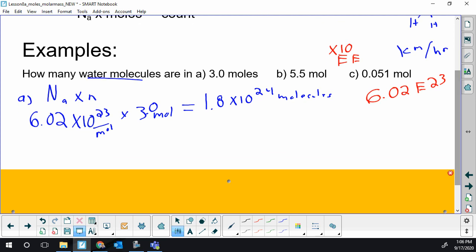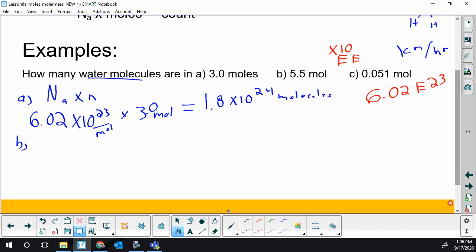B is going to look very similar. Now we're trying to do 5.5 moles. I'm just going to write this out, your 6.02 times 10 to the 23 molecules per mole, that's Avogadro's number, times 5.5 moles equals.